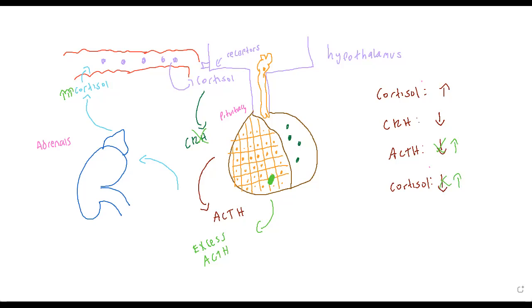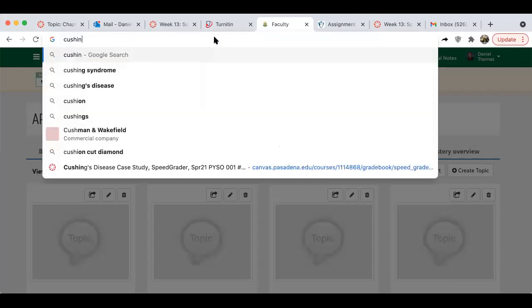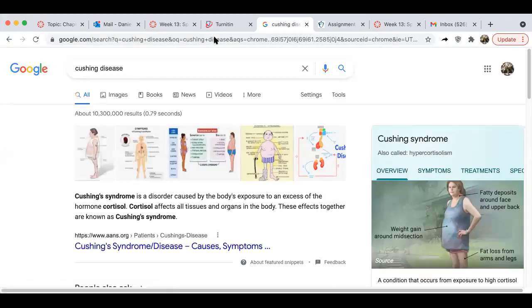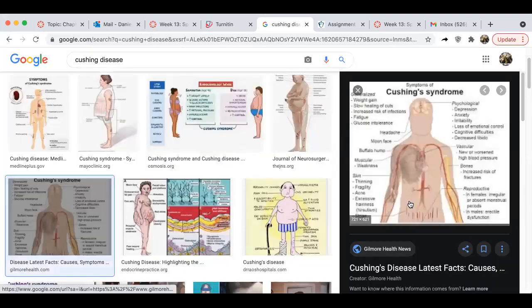To show you some examples here, let's go to our browser. And let's do Cushing disease. That is the disease that corresponds to excess cortisol levels. These are the symptoms associated with it.